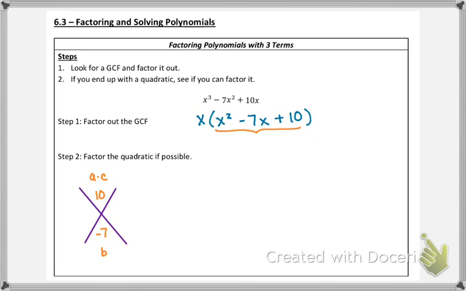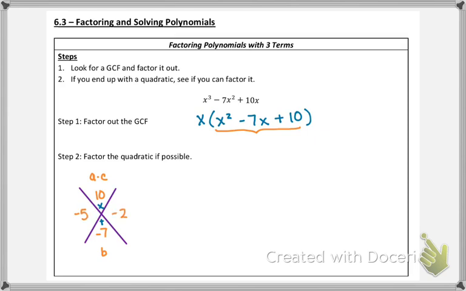So I want to find two numbers that can multiply to give me 10 and add to give me negative 7. And so you might say, well, what about 5 and 2? That would multiply to give me 10. If I wanted to add to give me negative 7, then how about negative 5 and negative 2, right?